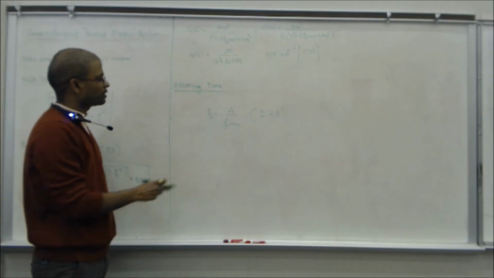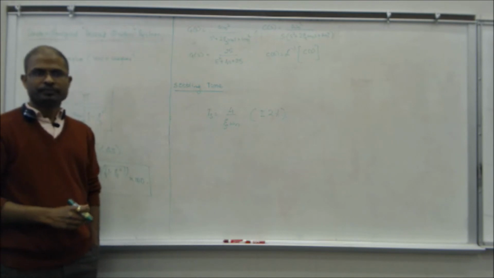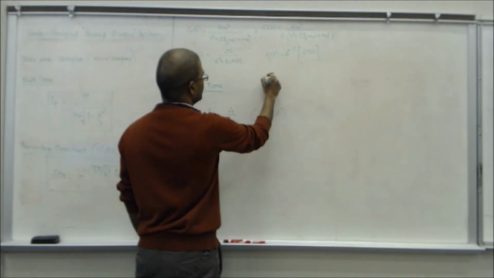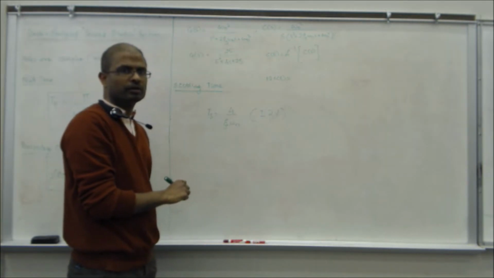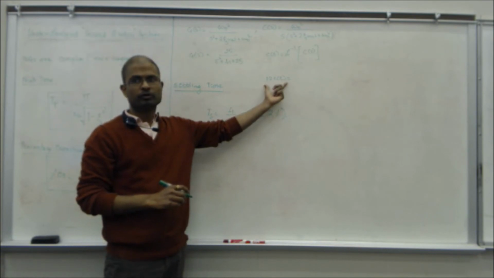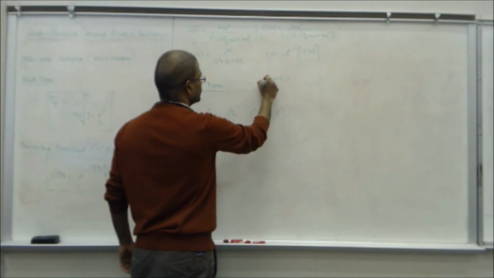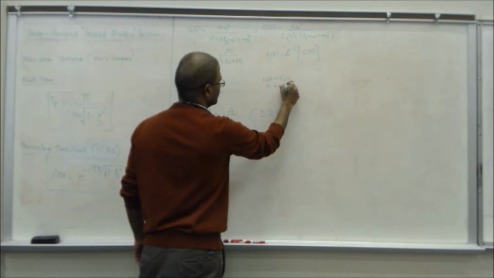Now if you want to apply something like this, what do you do? Your settling time is essentially, we're defining it as plus or minus 2%, right? So you can say it is 1.02 and 0.98 times C of t.